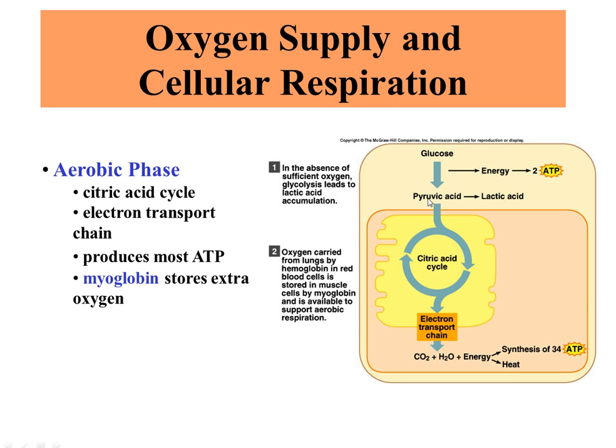So it loses some carbons and some hydrogens, and it becomes lactic acid. If it does not have oxygen present, pyruvic acid becomes lactic acid, and you have lactic acid accumulation. If there is oxygen present, then the pyruvic acid goes into the citric acid cycle, turns it twice, and that's how you make all these ATPs.